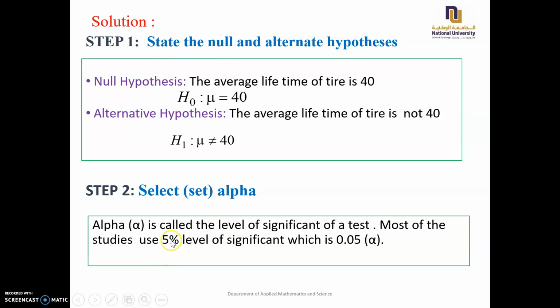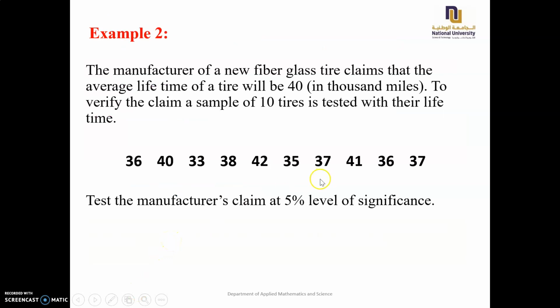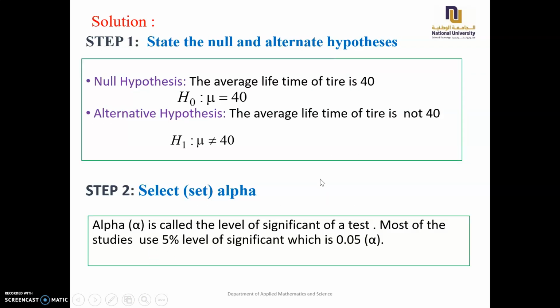Our alpha is given as 5% level of significance. So that is step 2: you decide what your level of significance is for this test. Even if it is not mentioned in your problem, you can use 5%, because most studies use 5% as the level of significance.